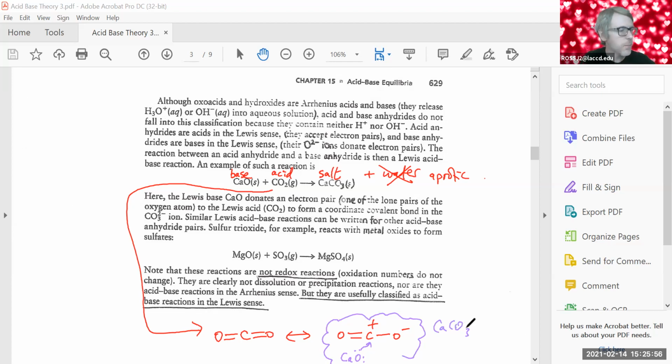Okay, so we've seen that type of thing before. This would be the coordination bond, or the coordinate bond, sorry, and this would be an adduct. Notice though that this is not redox.